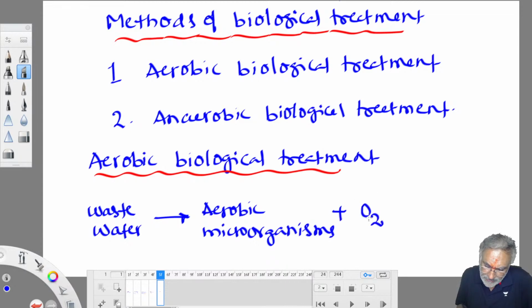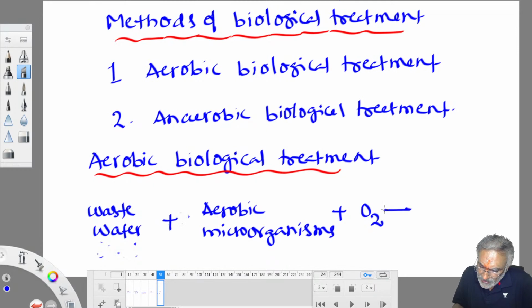Oxygen is also supplied. Wastewater is fed to aerobic microorganisms along with oxygen.